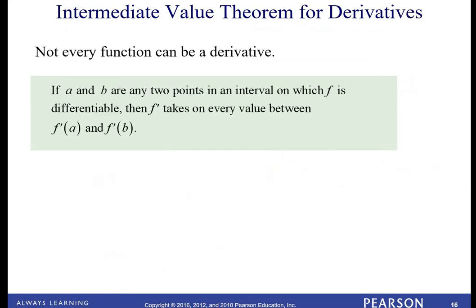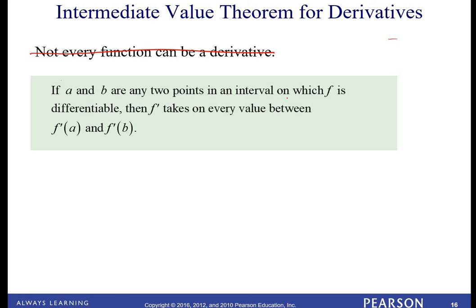Okay. One more thing to look at here, the intermediate value theorem. Not every function can be a derivative of another function. We'll talk about this as we get further into derivatives.